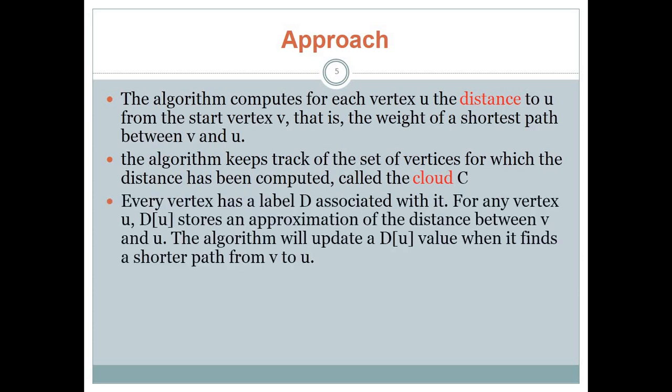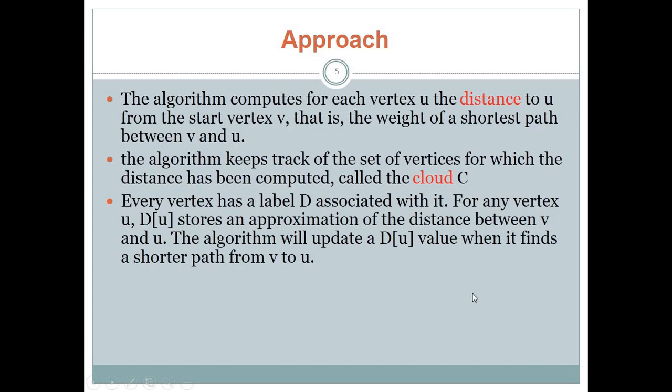Every vertex has a label D associated with it. For any vertex u, du stores an approximation of the distance between v and u. Here u is the destination node and du is the shortest distance, or we can say the distance from v to u, and it is denoted with du. The algorithm will update a du value when it finds a shorter path from v to u.